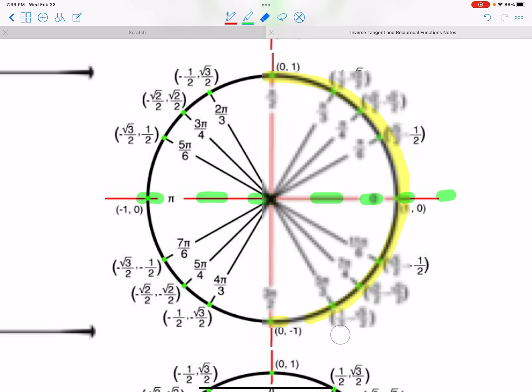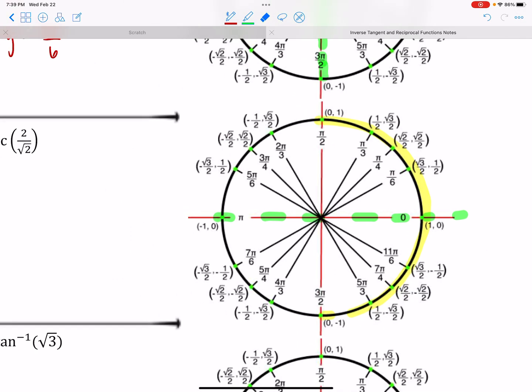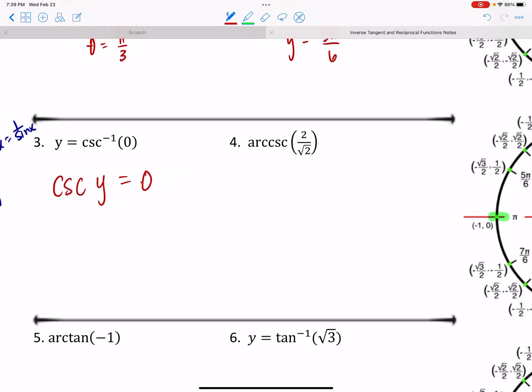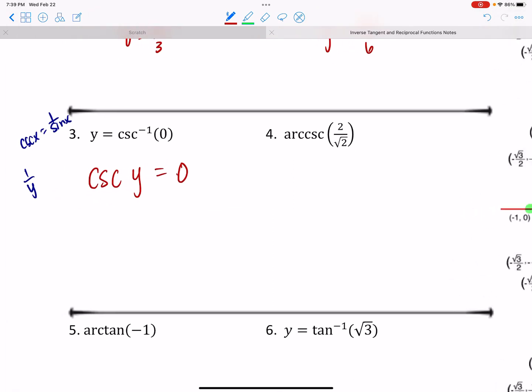So what does that mean? Well, it means that this is undefined, and it should make sense. If I was looking at our cosecant function, remember the range, the possible outputs for cosecant, is everything above 1 and below negative 1.